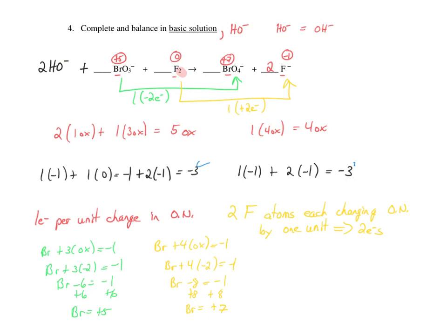So we need 1 more oxygen on the product side, which means we need 1 water molecule, and now our oxygens are balanced. If we've done everything right, our hydrogens will also balance. We have 2 hydrogens, we're good, we're done, we're balanced.